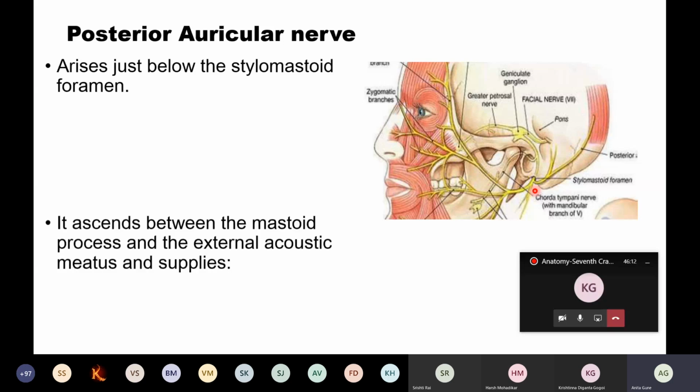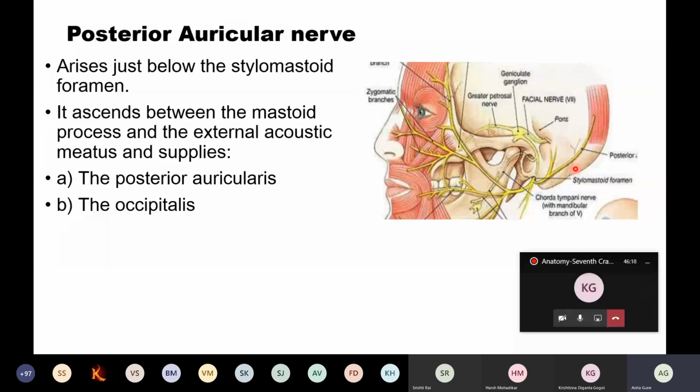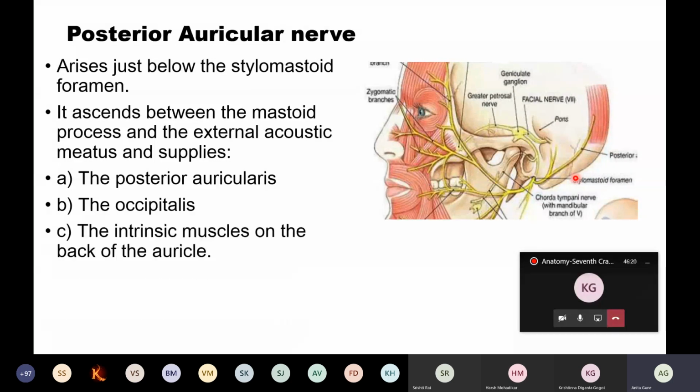This posterior auricular nerve supplies the posterior auricularis muscle, the occipitalis, and the intrinsic muscles of the back of the auricle. So it is giving different muscular branches after it arises.